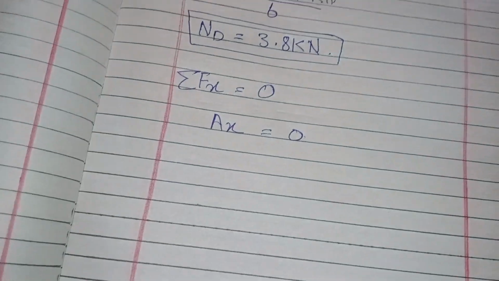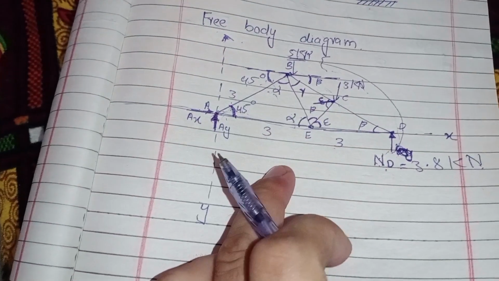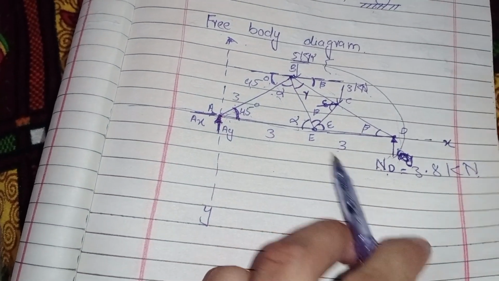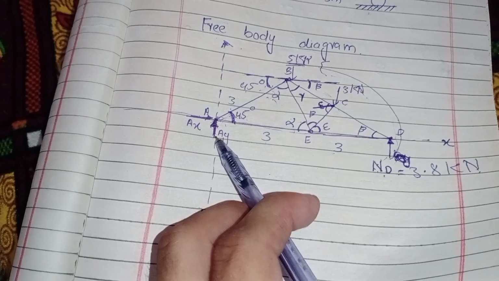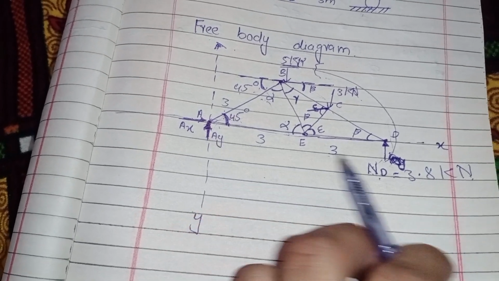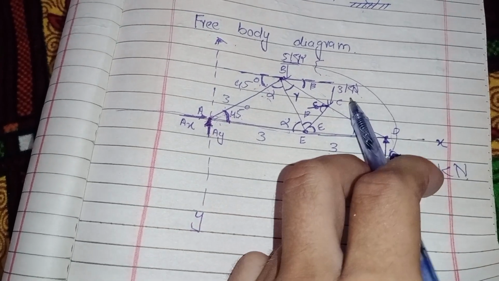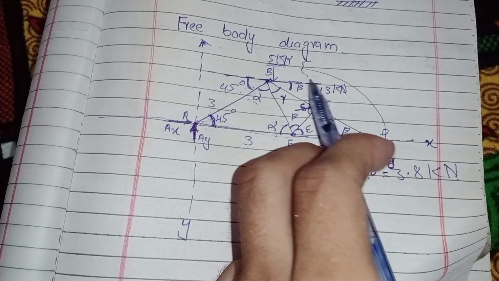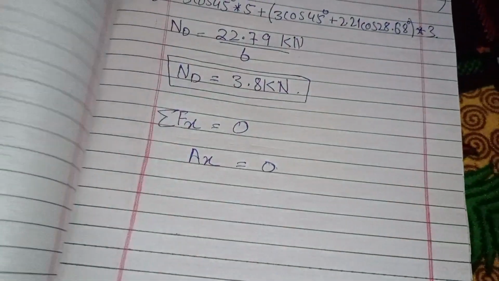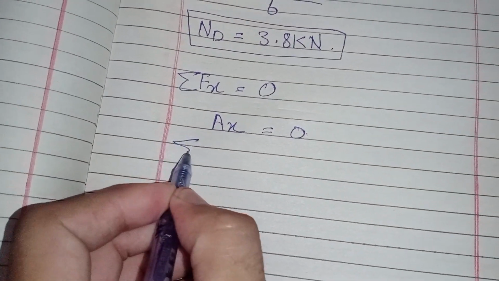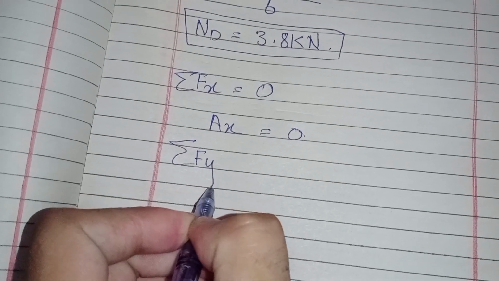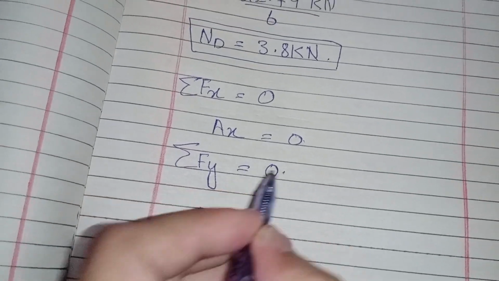So we now take all the vertical forces. So Ay is a vertical force, ND is also a vertical force, 3 kilonewton is also a vertical force, and 5 kilonewton is also a vertical force. So summation of Fy, all vertical forces, equal to 0.